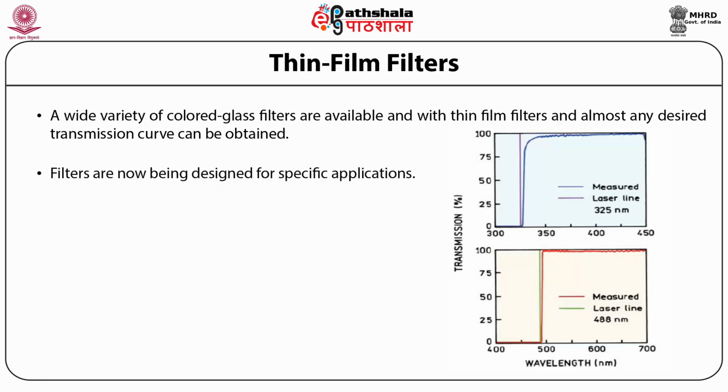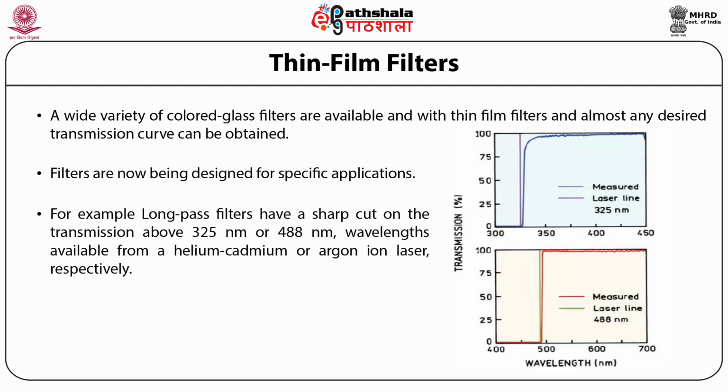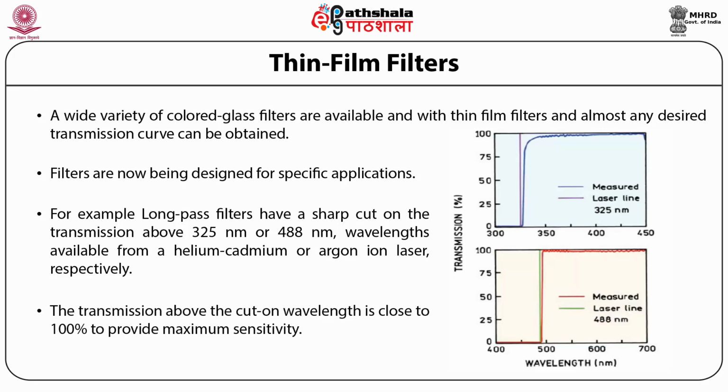The filters are now being designed for specific applications. For example, long pass filters have a sharp cut-on of the transmission above 325 nanometer or 488 nanometer, wavelengths from helium cadmium and argon ion lasers respectively. The transmission above the cut-on wavelength is close to 100% to provide maximum sensitivity.